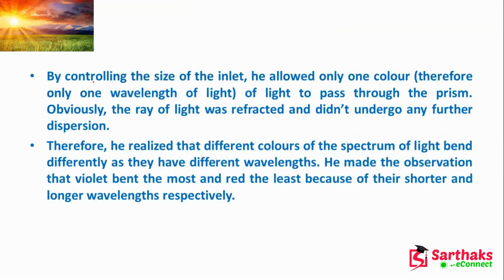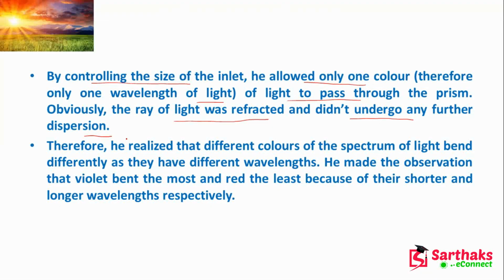By controlling the size of the inlet, he allowed only one color, only one wavelength of light, to pass through the prism. Obviously, the ray of light was refracted and didn't undergo any further dispersion. Only red light or violet light was passed, and there was no dispersion.